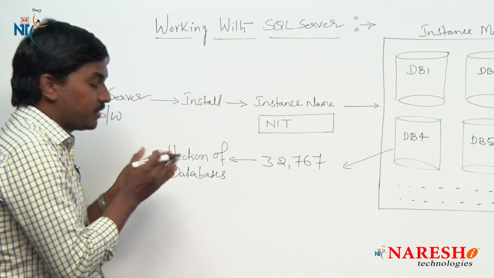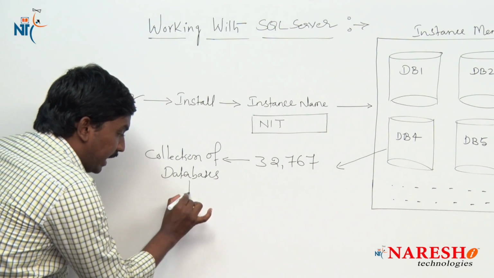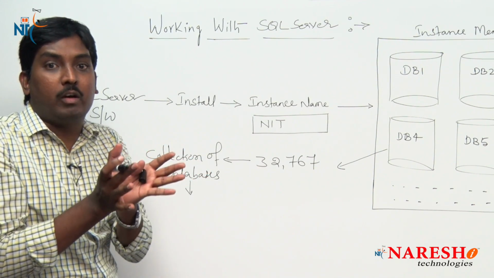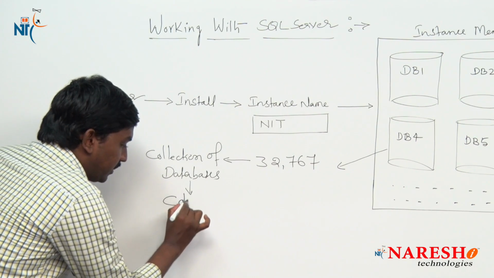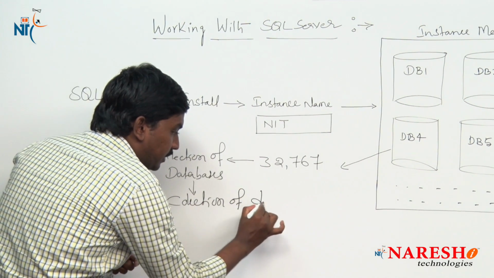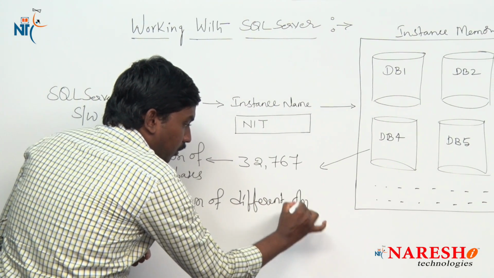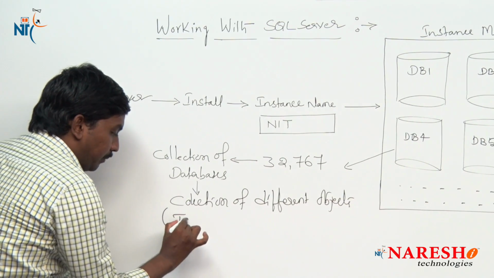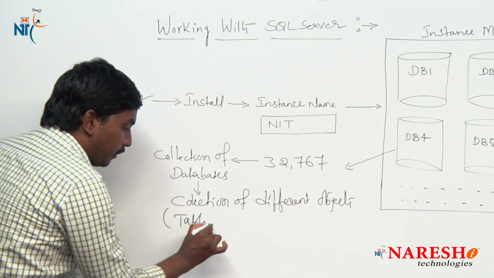But these databases that you created, why are we creating them? The database is nothing but a collection of different kinds of objects. Those objects are, for example, tables. I can create my tables under a database.